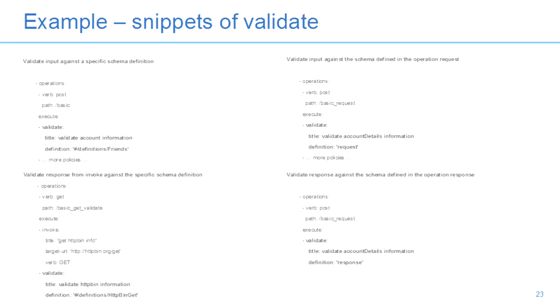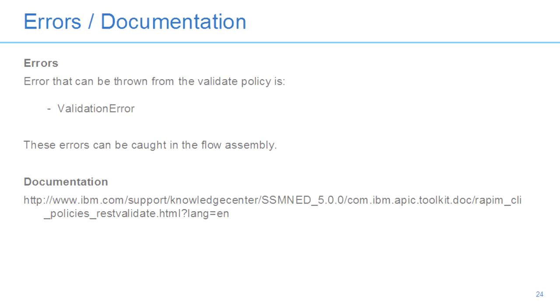And then bottom left, it's validating again after an invoke, against the response. So that's just going to use the different parts of the schema, or the schemas defined in different parts of the Swagger, to actually do the validation against.